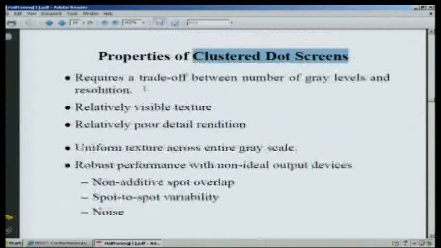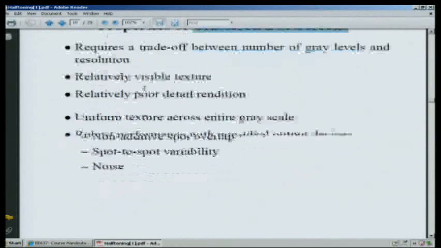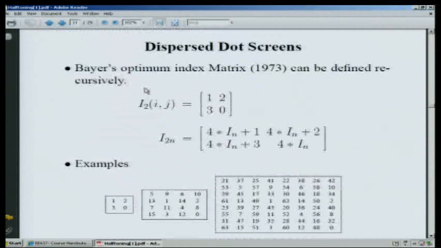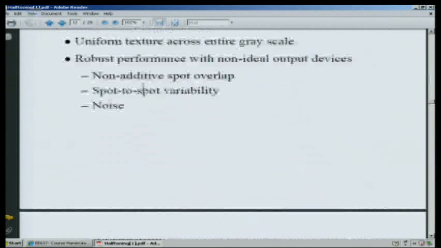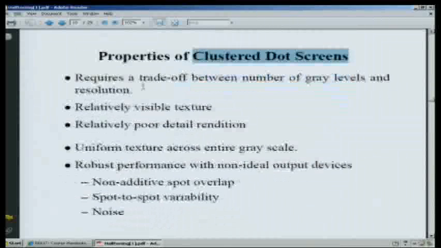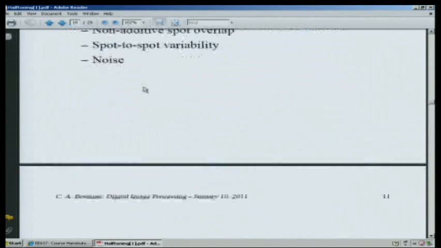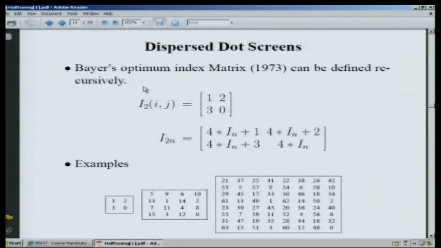A lot of printing is still done with clustered dot screens because it's very robust. Technology keeps changing, but for instance, a lot of printed news material will be done with clustered dot screen. But it's changing because there are some more advanced technologies that people use these days. But it's really quite recent.